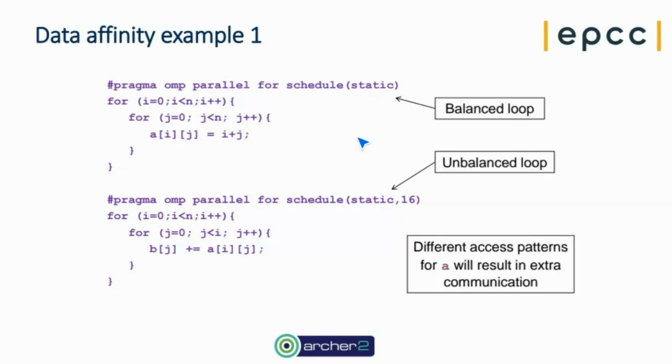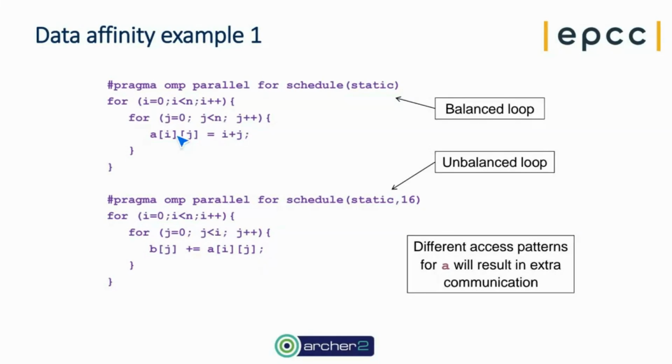But then let's think about the access patterns to this two-dimensional array. Because we are choosing a different schedule for the two loops, the thread which accesses A[i][j] in this loop is most of the time not the same thread that wrote it here.